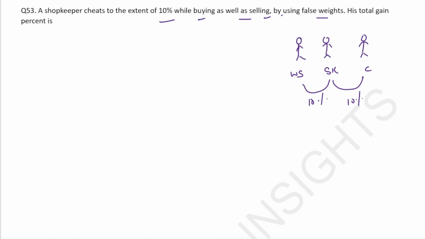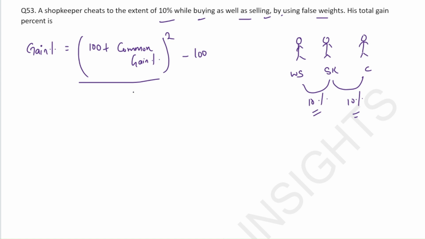So in this type of question, when the shopkeeper is cheating with the same amount of profit, that means you directly use this formula, that is gain percent equal to (100 plus common gain percent) whole square minus 100 by 100.